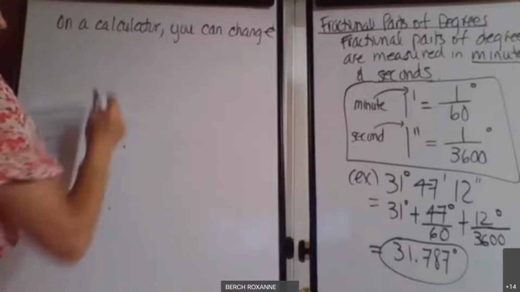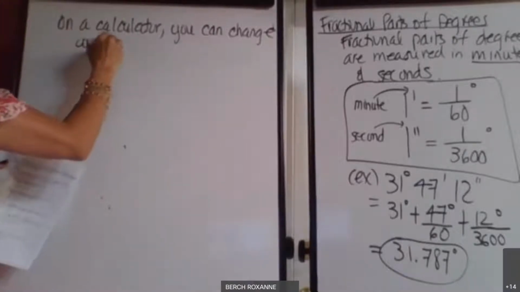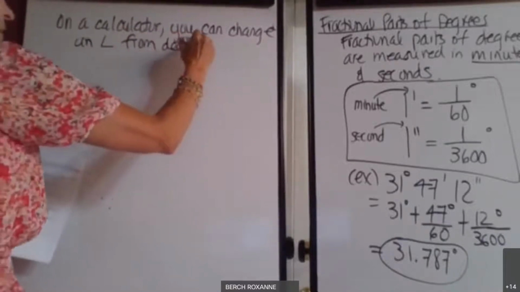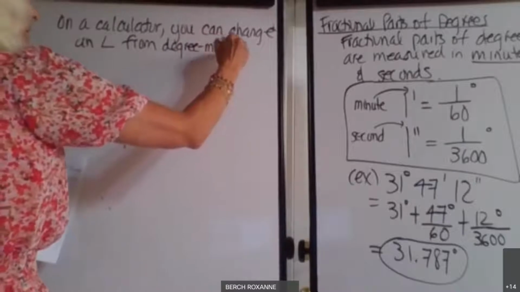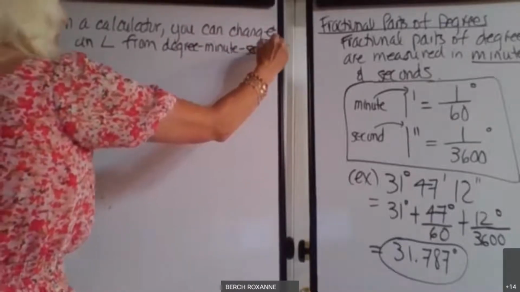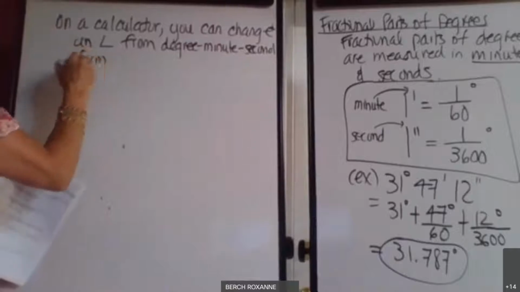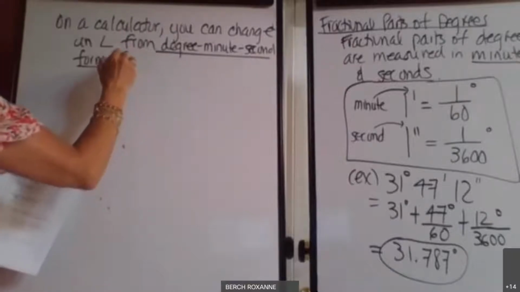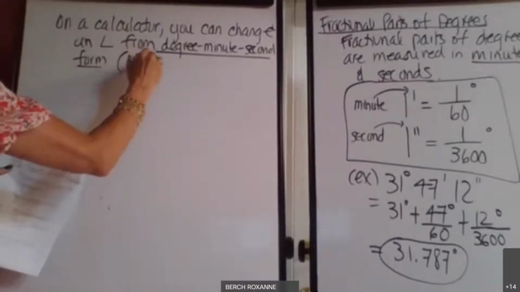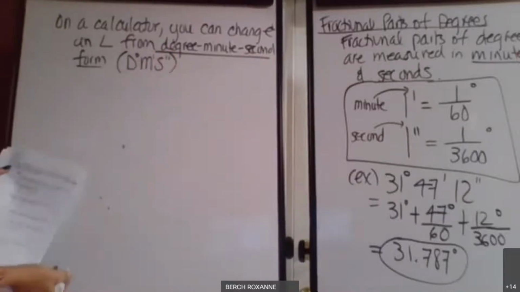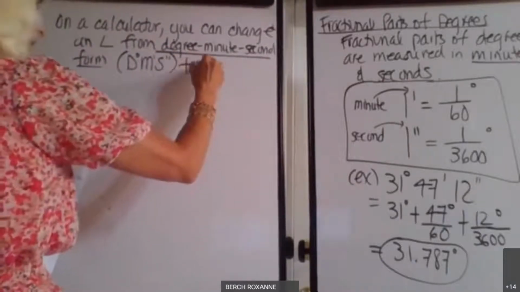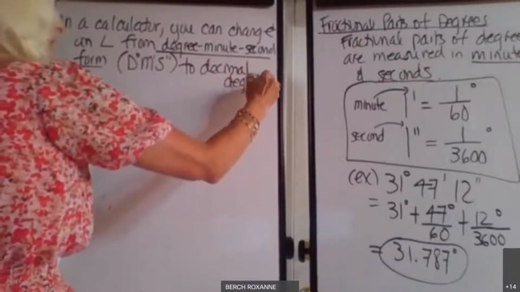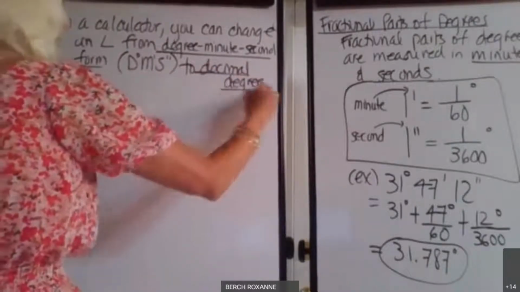On a calculator, you can change an angle from degree minute second form, which is called DMS, to decimal degree form.